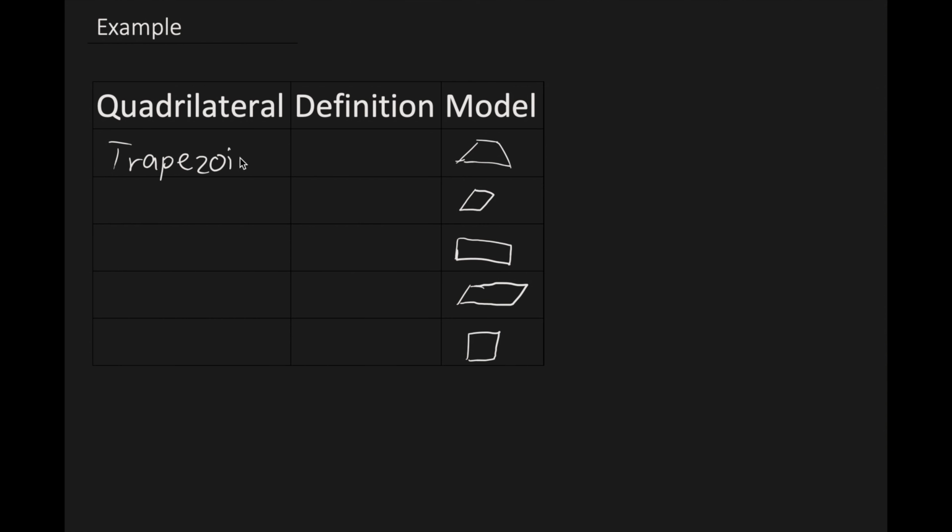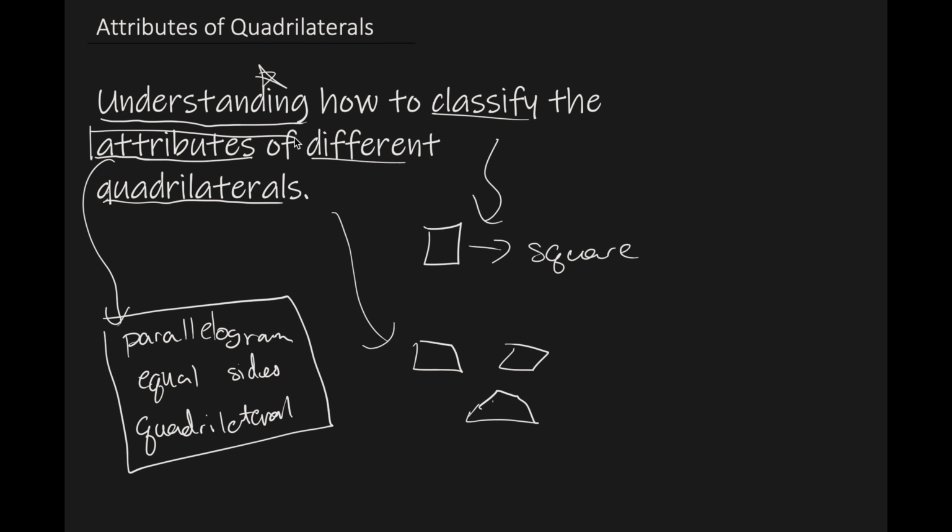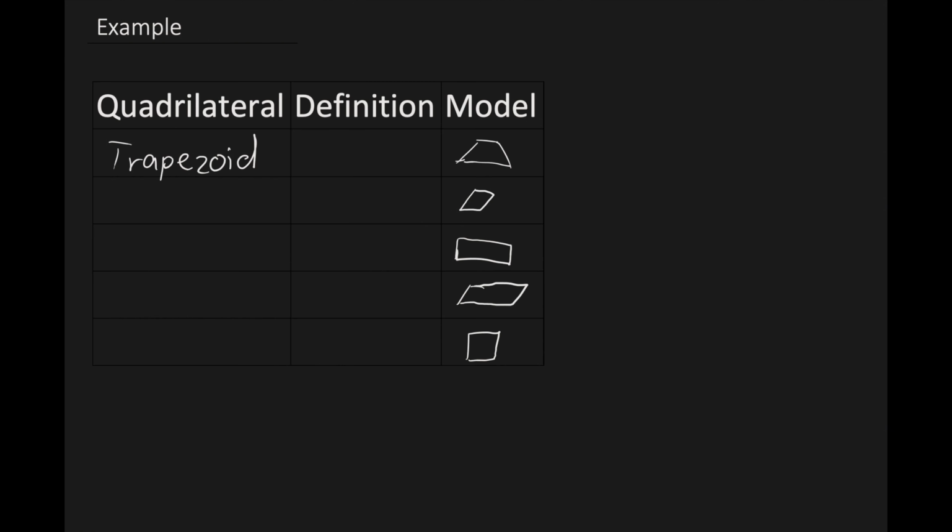Trapezoid. Okay, there's going to be a lot of writing involved in this lesson. Definition means the attributes part of our objective. So what makes a trapezoid? We're not going to say quadrilateral; this is like a sentence.